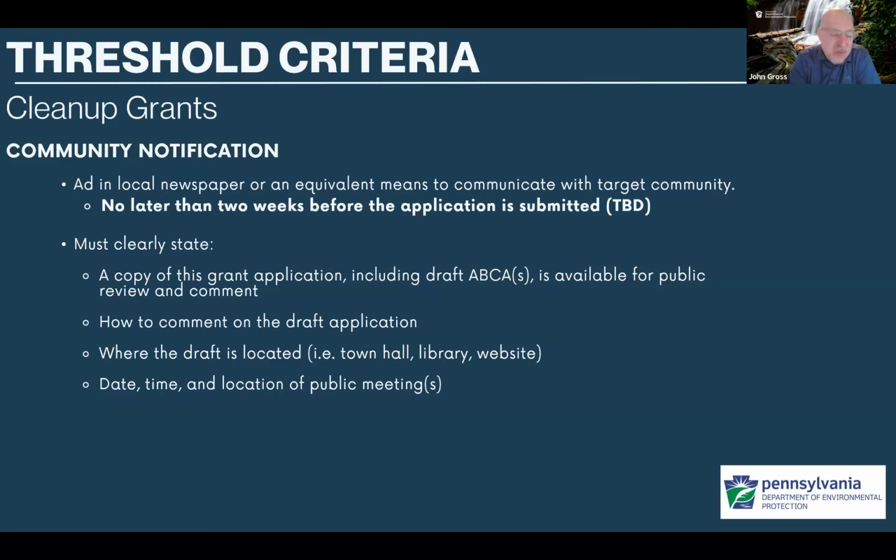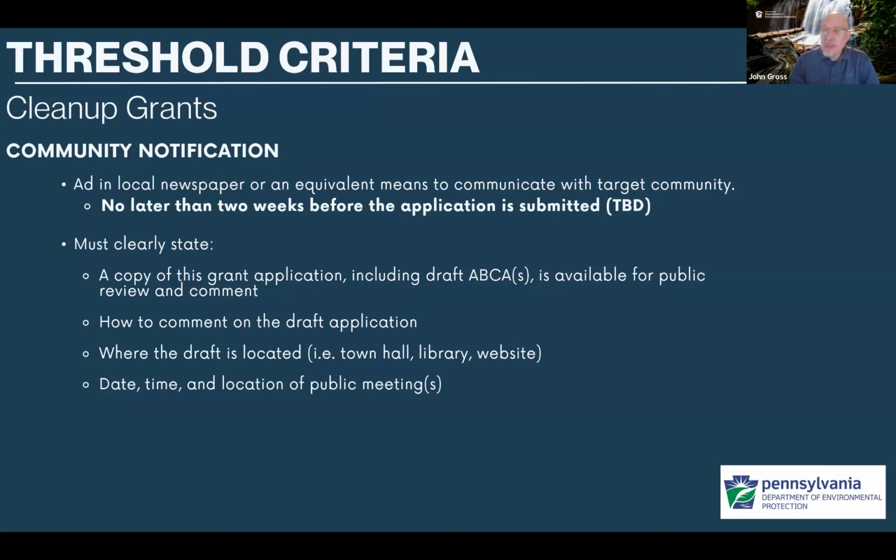One of the questions that came up at the conference, I think in one of the sessions, was what do you do for something that needs a newspaper requirement and the local area doesn't have a newspaper? Generally, equivalent means if there's an online newspaper, something like that.